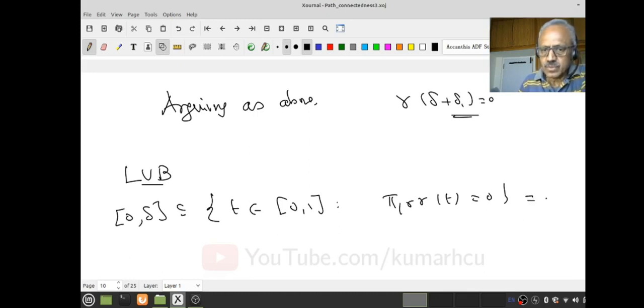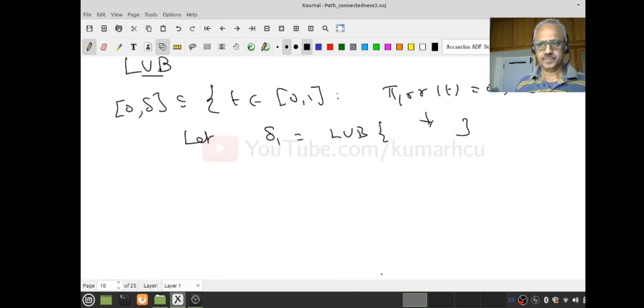Okay, so right, let δ₁ be the LUB of this set. Right, therefore what I know is π₁ of γ of δ₁ is also 0. So I claim δ₁ must be equal to 1. Claim.